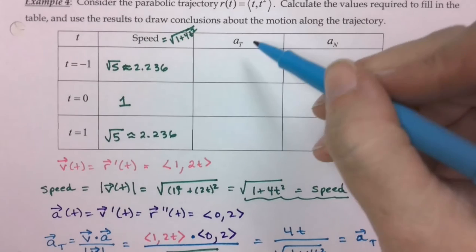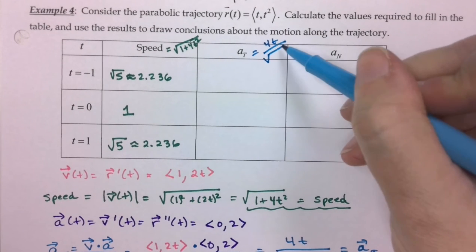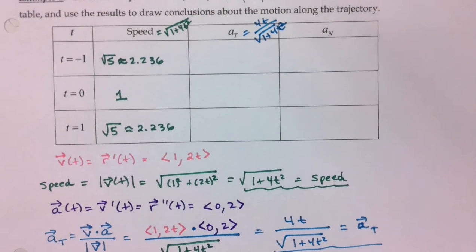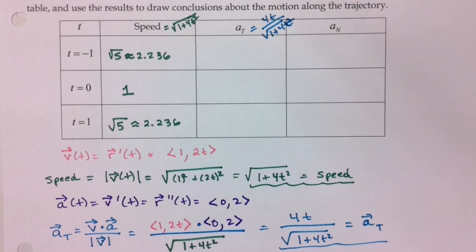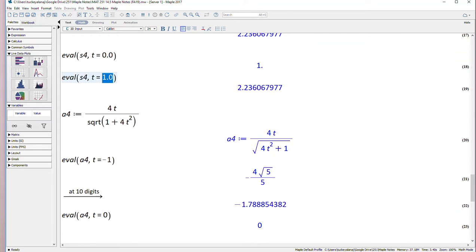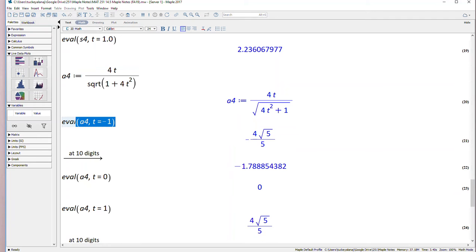So I will put that right here in the table. Right there. And then I will have Maple do that. So, I mean, yes, I could do it, but that's what Maple's for. So I have my acceleration component defined right there. And then I told it to evaluate it at those particular values.